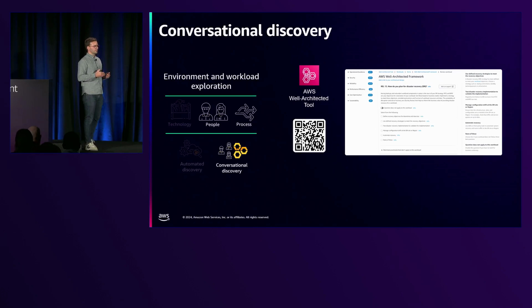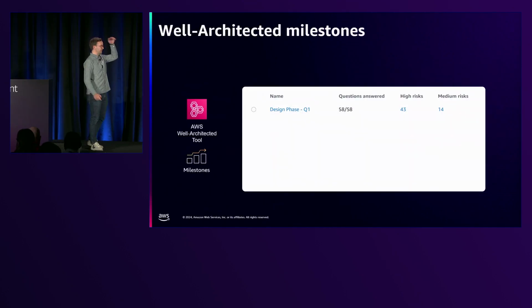The third one, profiles and review templates. Both of these features will help you accelerate, in fact, the reviews within your organization. So it will accelerate the way that you do a review with the Well-Architected Tool. And the last one will be milestones.